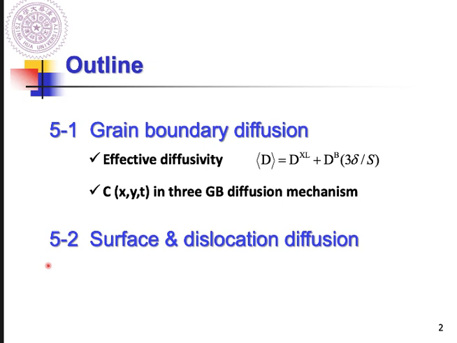And the second part will talk about surface and dislocation diffusion. But in this part, inside your textbook, it just gives you some research data and some simulation results to describe the importance of surface and dislocation diffusion. So in lecture 5, we are going to address the grain boundary part more.